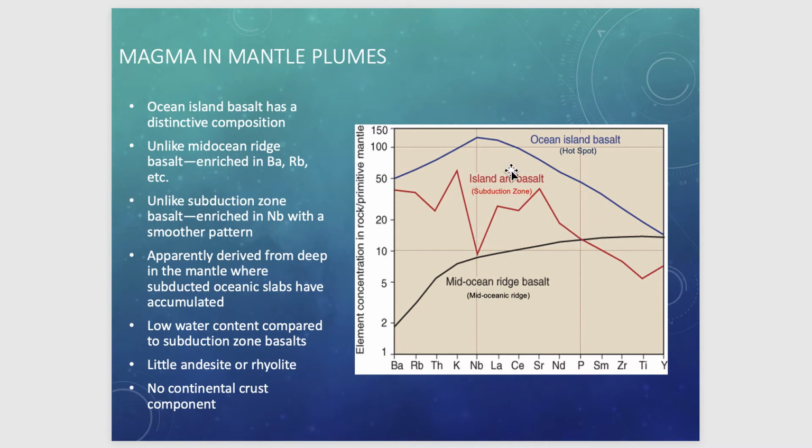Instead, island arc basalts will be more zigzag trends, so more complicated trends. For example, if you look at the niobium, there is actually a correspondence between niobium in island arc basalts and mid-oceanic ridges, and a major difference because here it's a peak in the ocean island basalts. So some of these trends can be used for discrimination purposes.